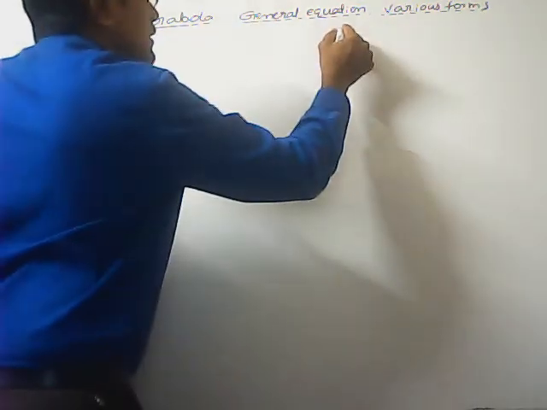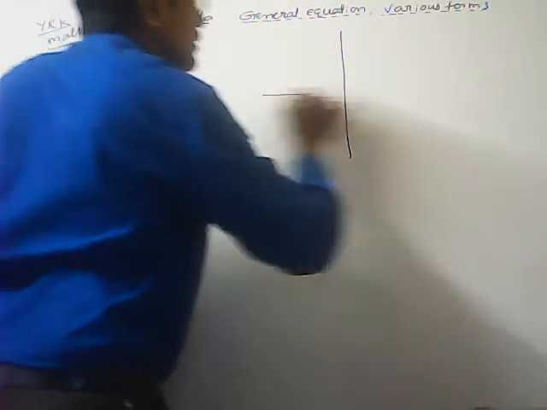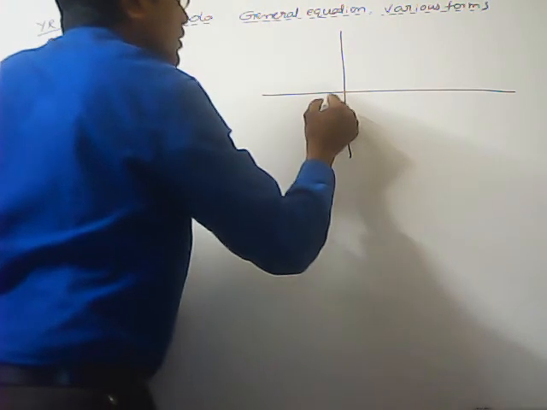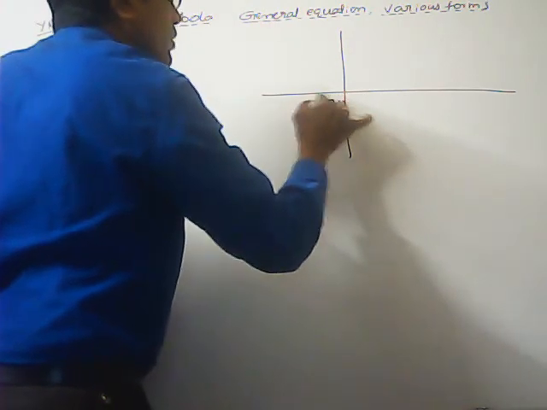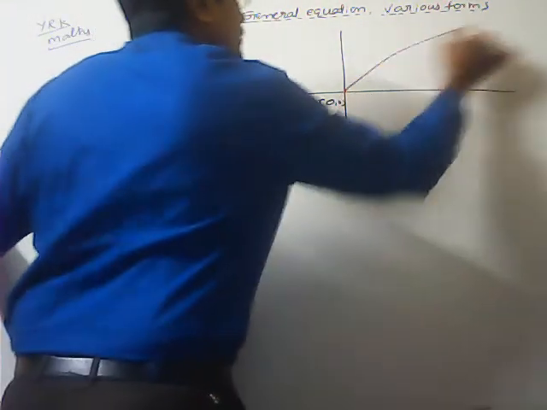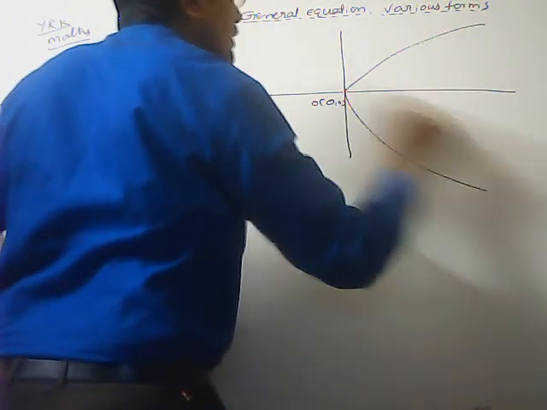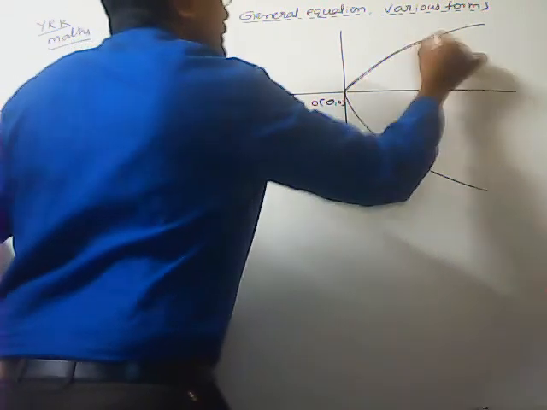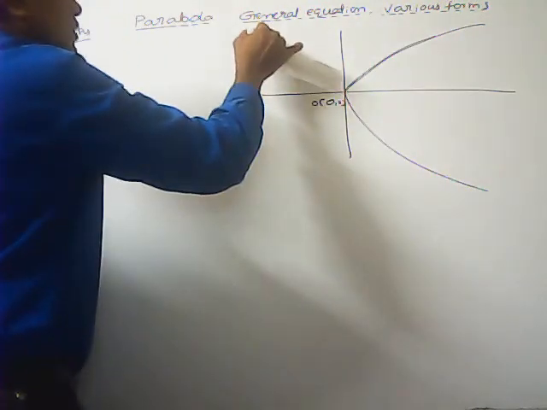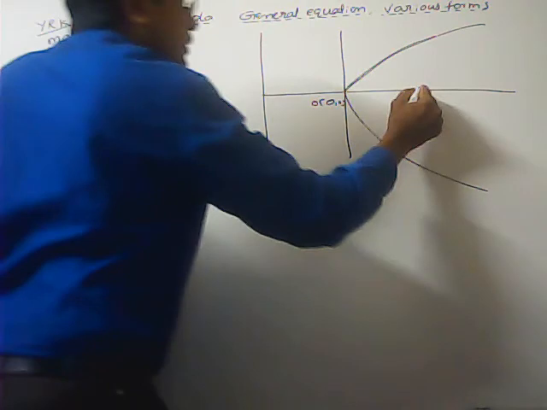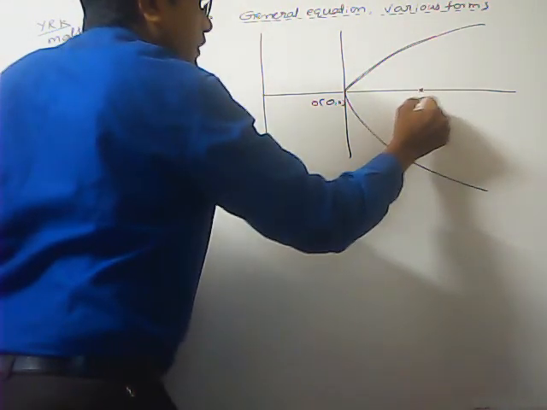What is the definition of parabola? These are the locus of the points. Here, S is the fixed point I am taking on the x-axis.